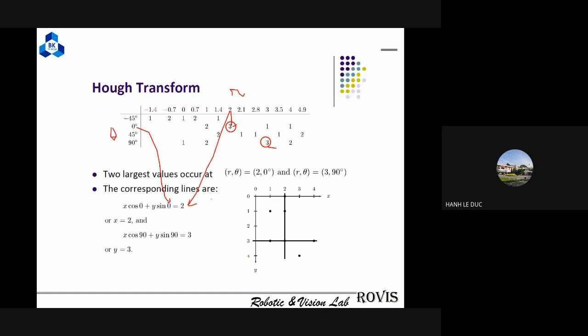From this equation, you calculate that you have this one. The remaining is the same. You have this one, so you can rewrite it: this one is y equal to 3, and this one is x equal to 2.